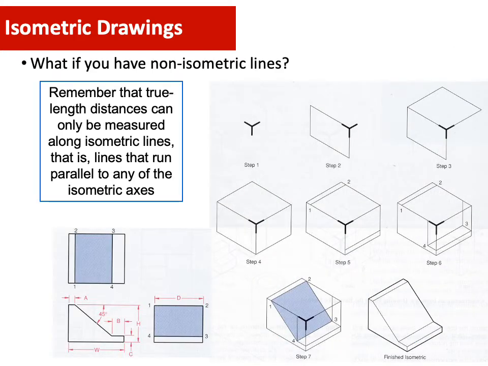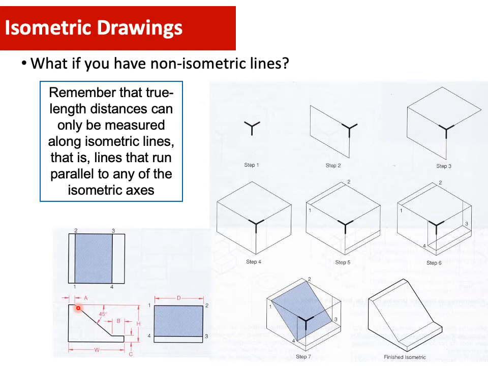Then what if you have non-isometric lines? What are you going to do? Here the blue part shows the non-isometric lines. This shows the top view, this is your left side view, and this will be your front view. You need to remember that true length can only be measured along isometric lines.